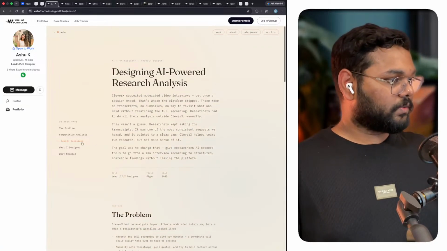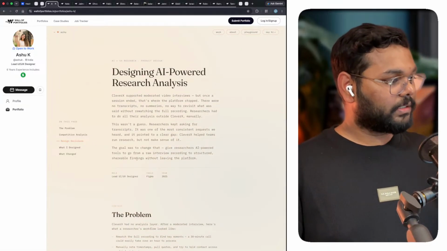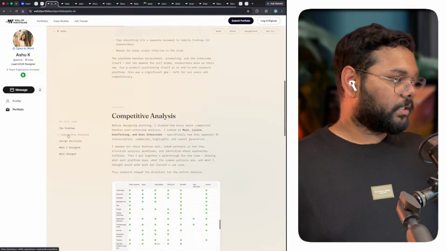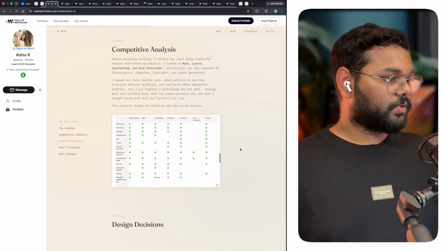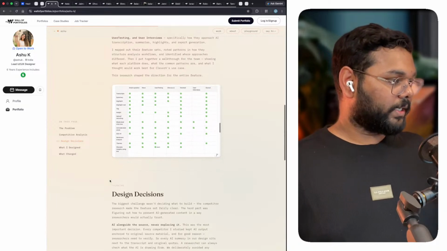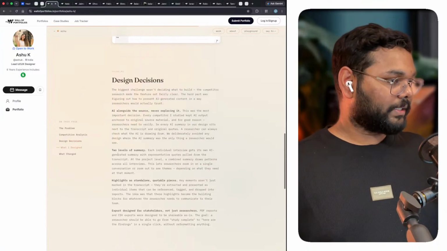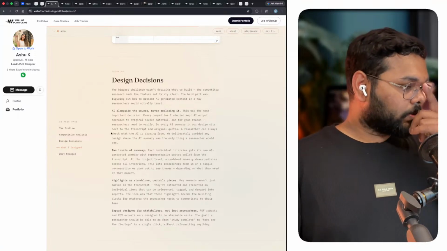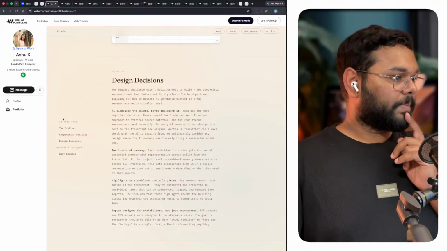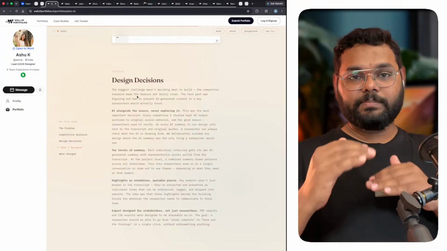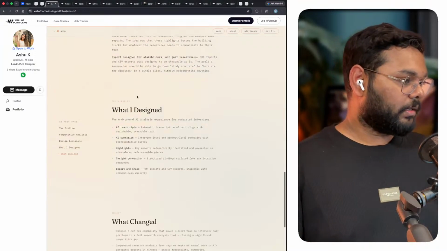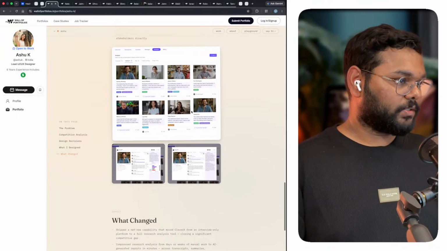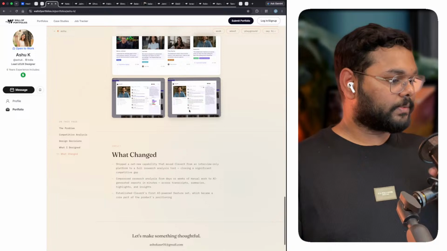So what is a bit of context, and then what is the problem, the competitive analysis, who was doing what, right? And then the design decisions, what she did. I really liked this particular part, and of course the very simple way of laying it out, and then what she actually designed, so a few sample screens, right?